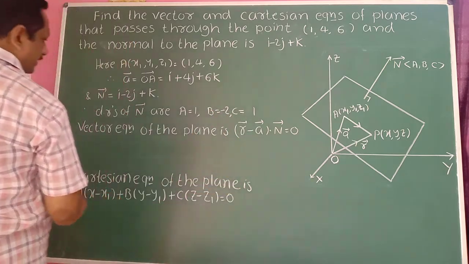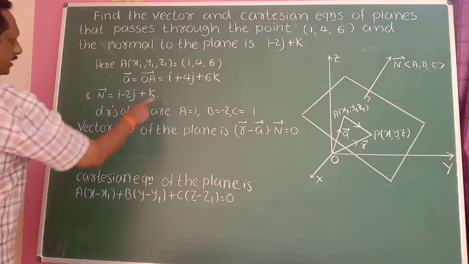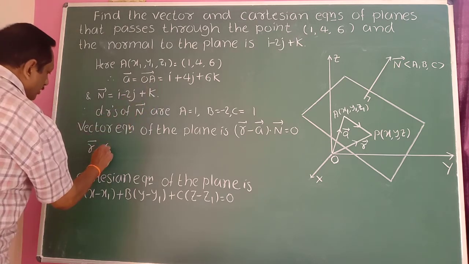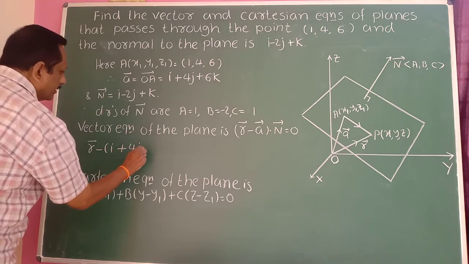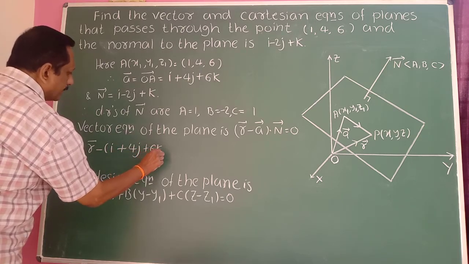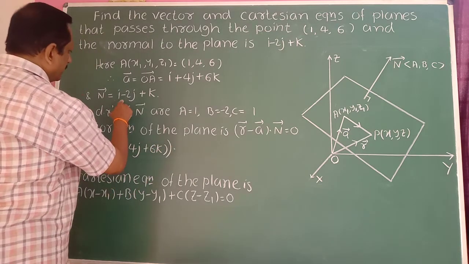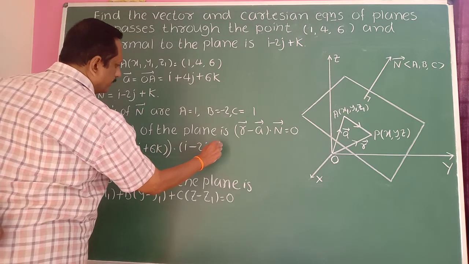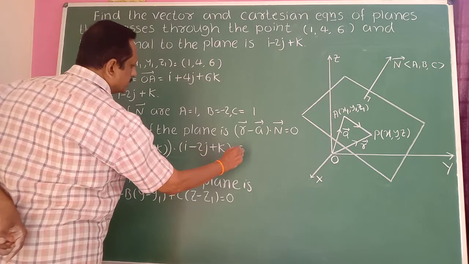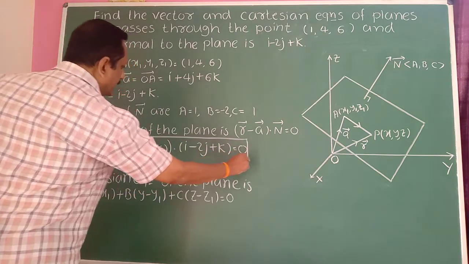The vector equation of the plane is (r bar − a bar), which is (i + 4j + 6k), complete bracket dot n bar, which is i − 2j + k, is equal to 0. This is the equation of the plane in vector form.